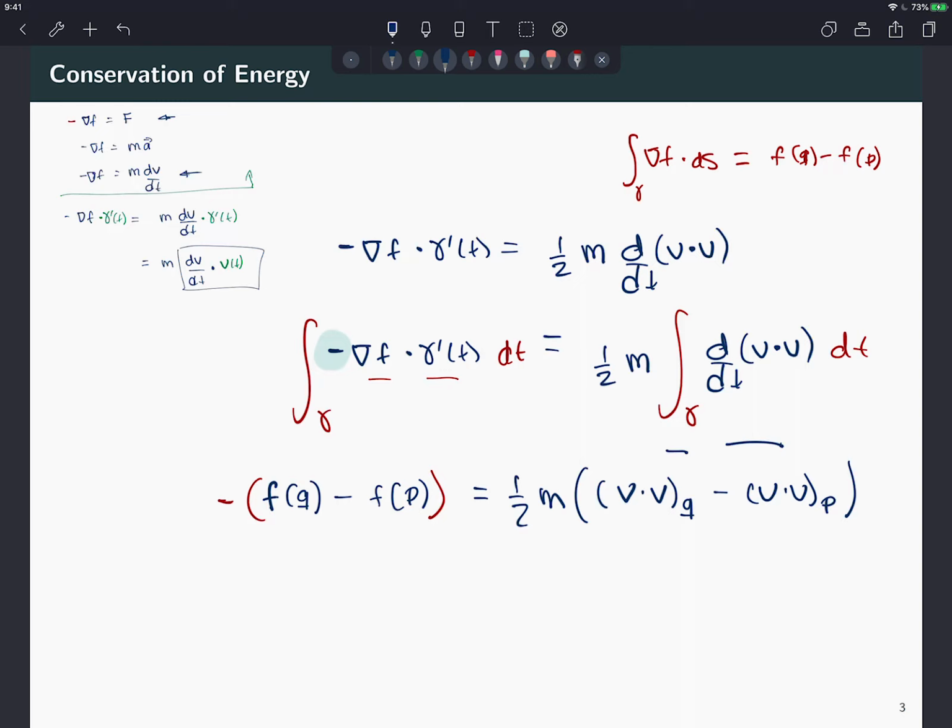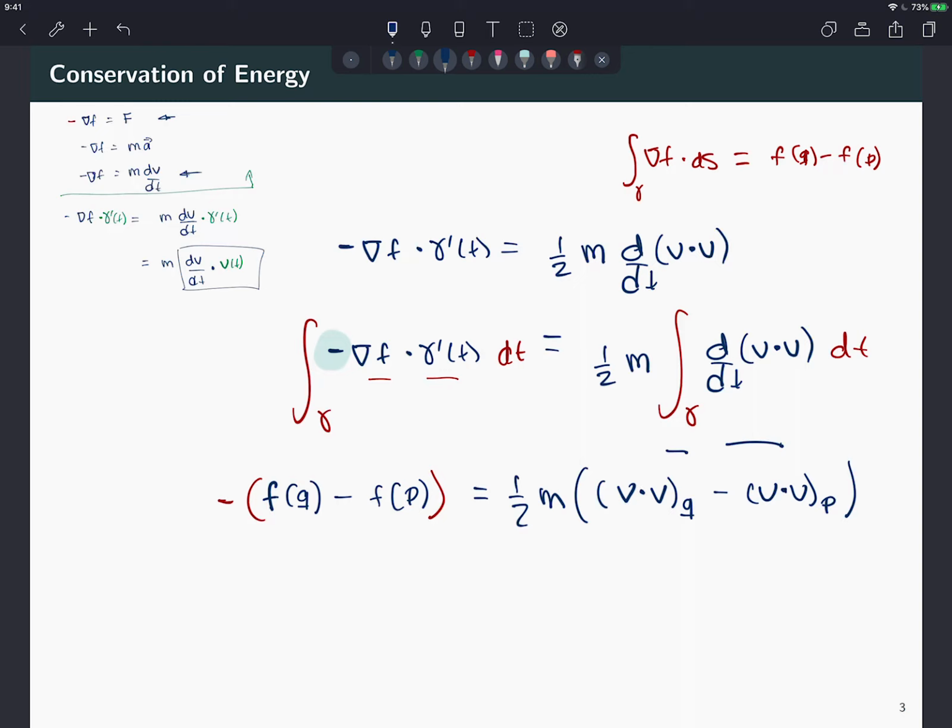Now, something that I haven't used, of course, is that v dot v is just the magnitude of v squared. So I can write this as 1/2 of m times the magnitude of v at q squared, minus 1/2 of m times the magnitude of v at p squared.